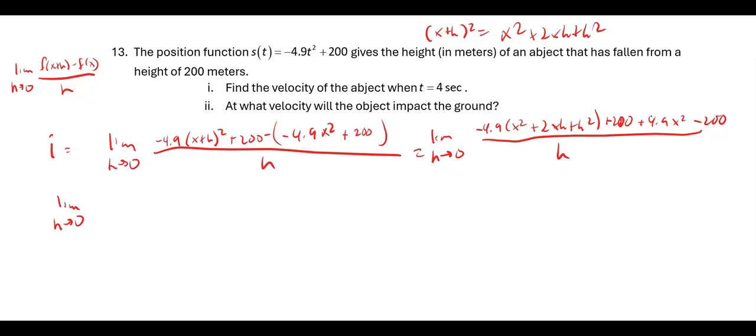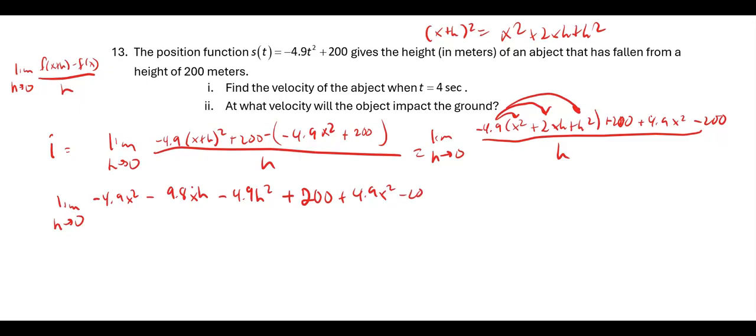And this is just a physics problem, guys. Negative 4.9 x squared minus 9.8 xh, I'm just distributing this, minus 4.9 h squared, plus 200, plus 4.9 x squared minus 200, all over h.